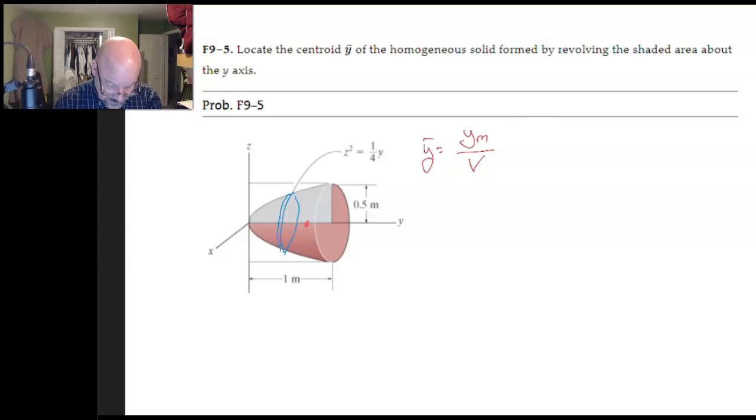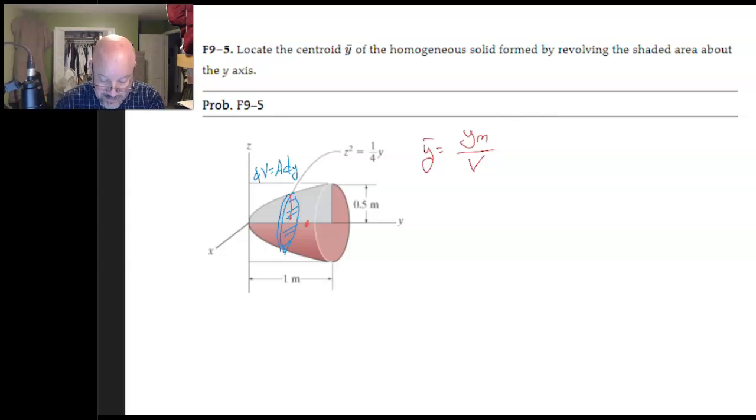Each one of those disks has an area A and a thickness dy, and that becomes our volume element. There's a certain radius that goes with that, and that radius is just going to be whatever z is at the time.